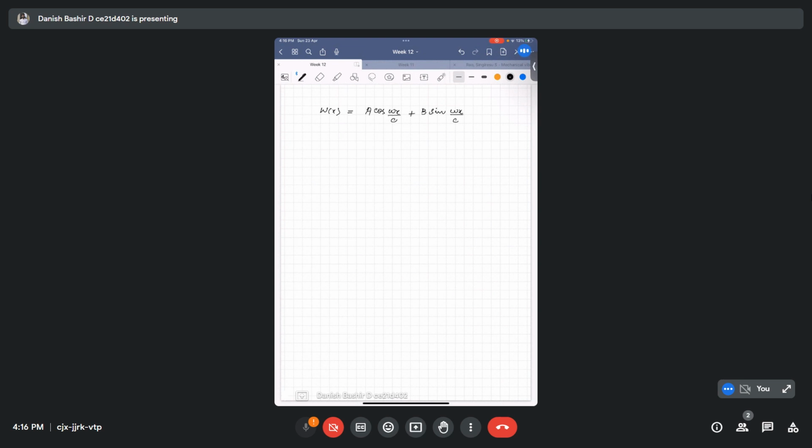This is one thing, and we can write t as a function of time as c cos omega t plus d sin omega t. These are the two important parameters. So this we term as the 13th equation.